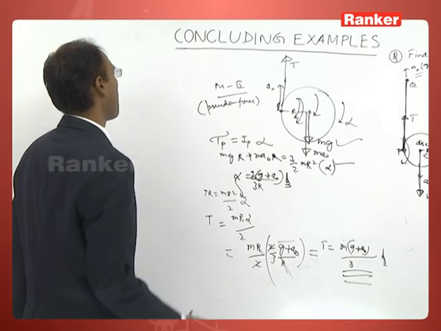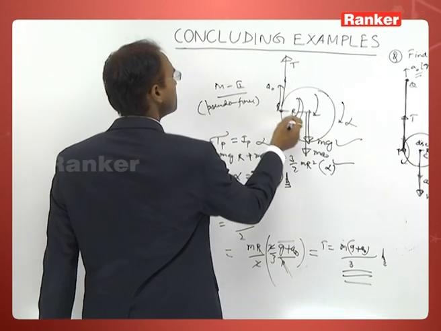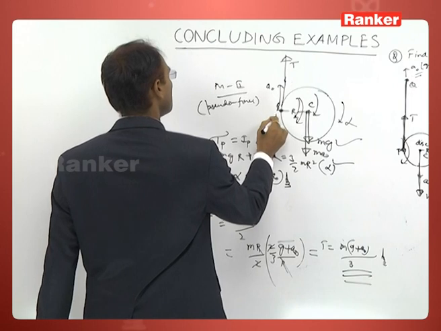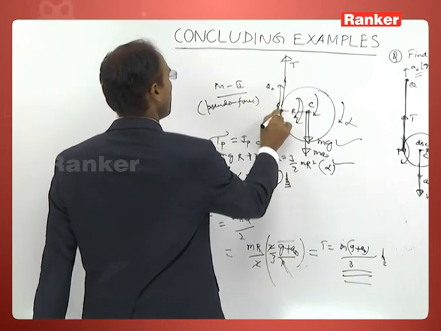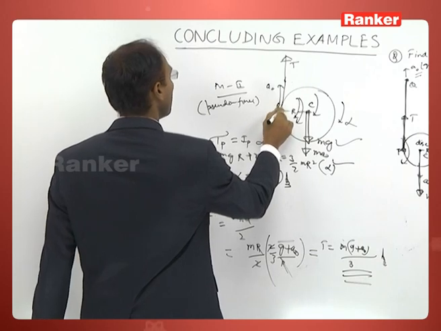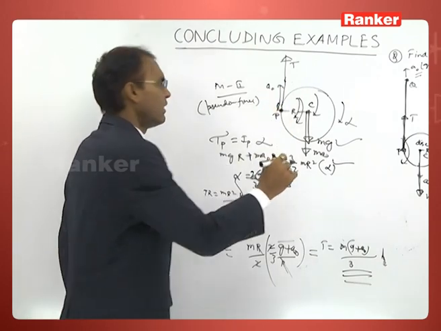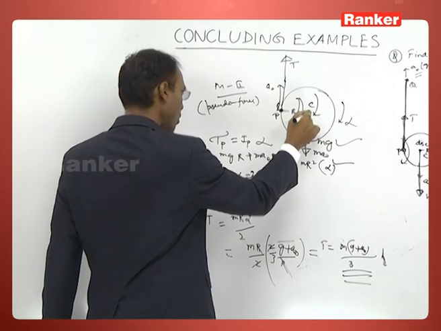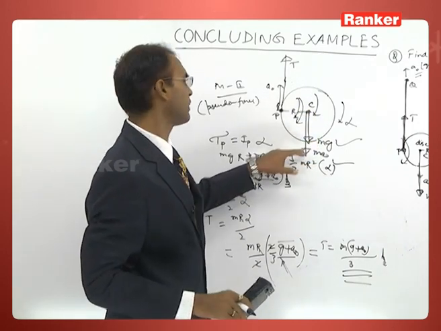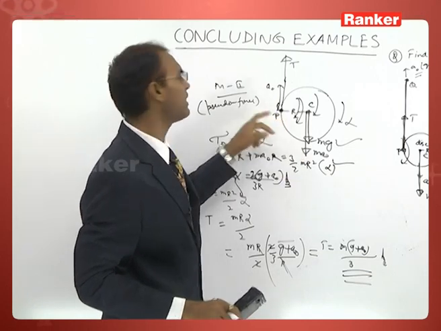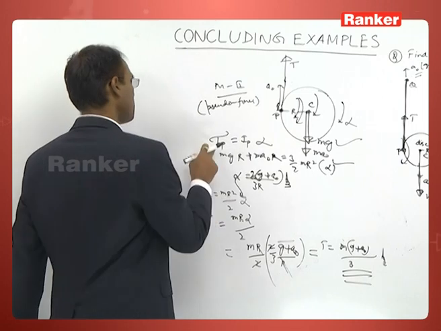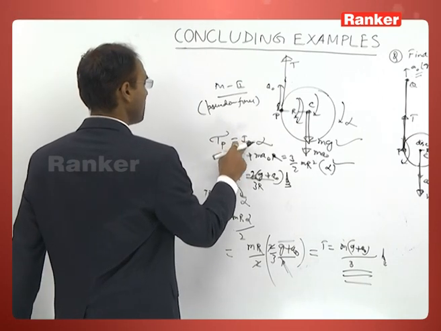So we can use the center of mass method or the method with respect to this point. That is called the pseudo force method, because you should be careful. This point is accelerating. When you stand here, you have to apply the pseudo force, and in addition to the torque of the real forces, you have to apply the torque of the pseudo force about this point, and you can write the rotational dynamical equation tau p is equal to Ip into alpha.